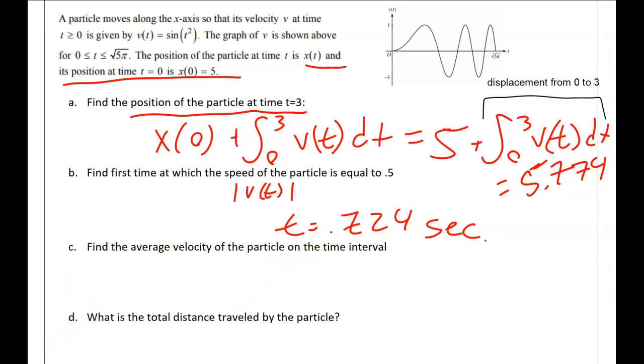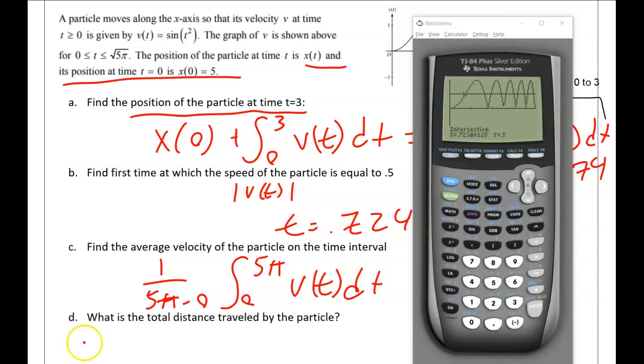My average velocity now, we just did this, right? So 5 pi minus 0 goes in the denominator. And then we want the integral from 0 to 5 pi of v of t dt, which would look like this on my calculator.